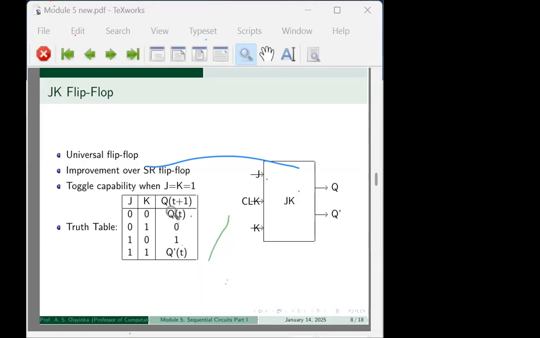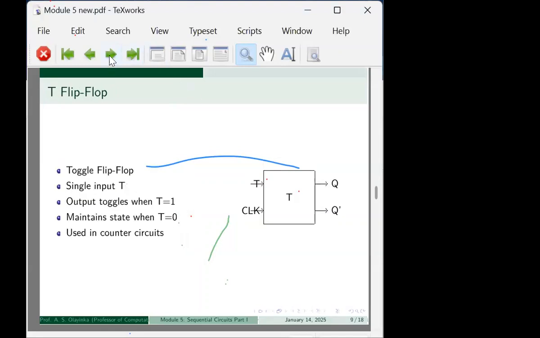If my previous state here is 0, this one will give me 1. Meaning these two states can be used for a toggle function in the circuit. Maybe you want something to be on or off, and you want a circuit that operates in such a way. So this one can actually serve as a toggle, like a switch. Exactly. So that is that. Let's go on.